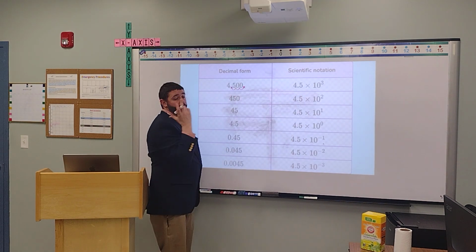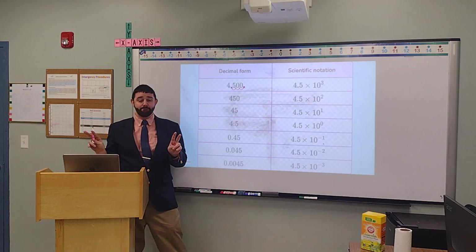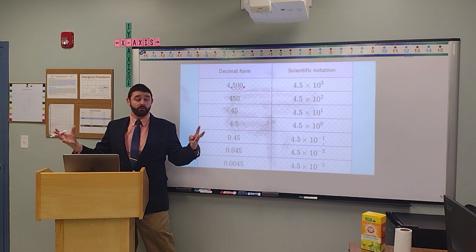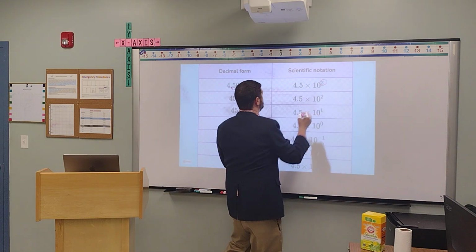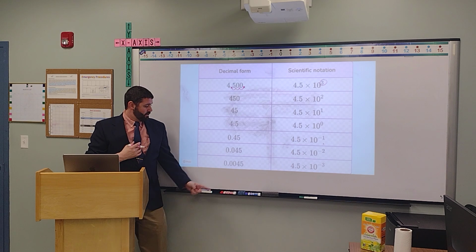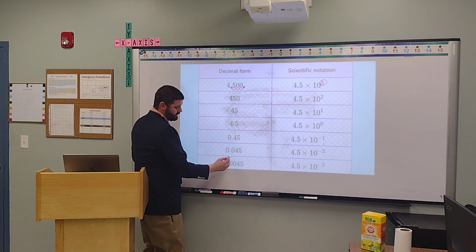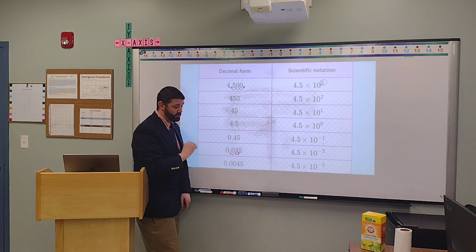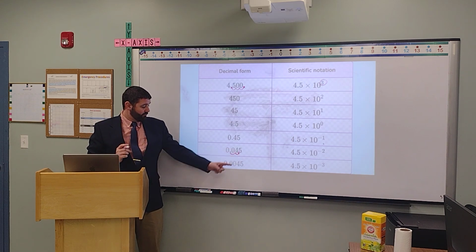This number, think about it two different ways. There's two different ways you can think about this, right? 4,500 is a big number. It's bigger than 1, so we're going to get a positive exponent. And we get 3 because that's how many places we move the decimal, right? But if we were to go down here, we need to move that decimal until we get behind the first non-zero number again, right? And so we get 4.5.